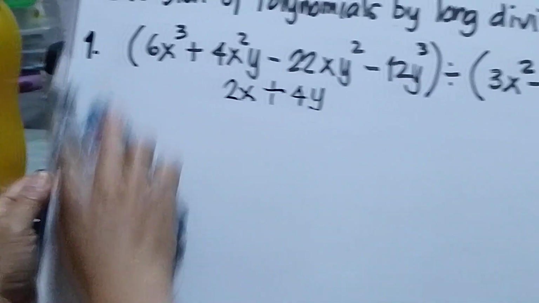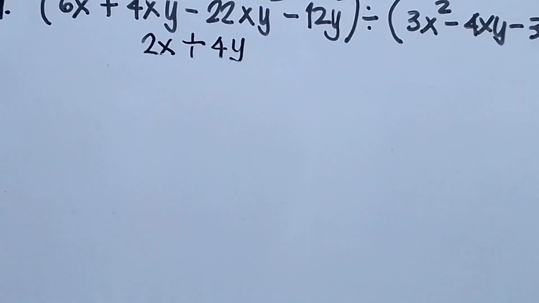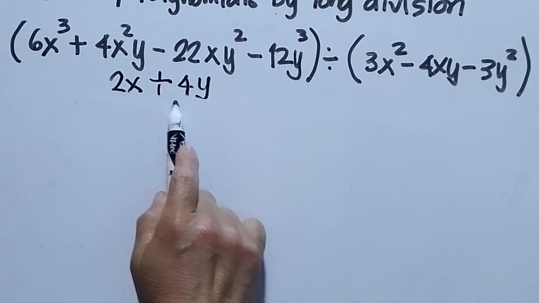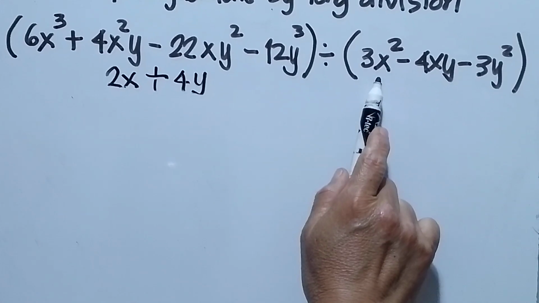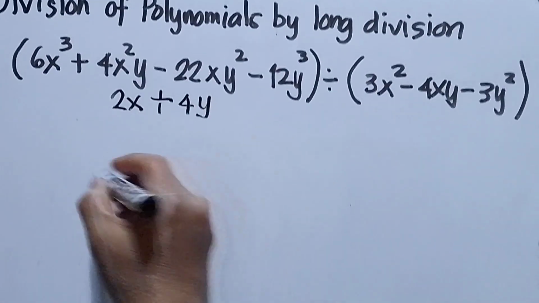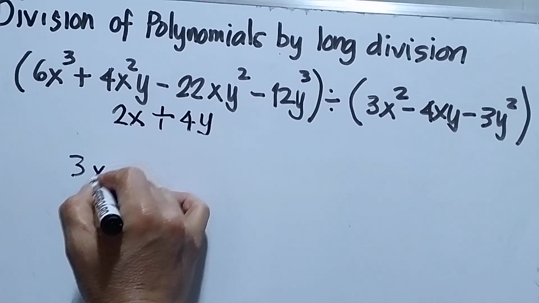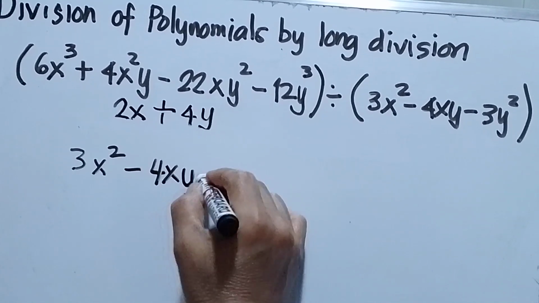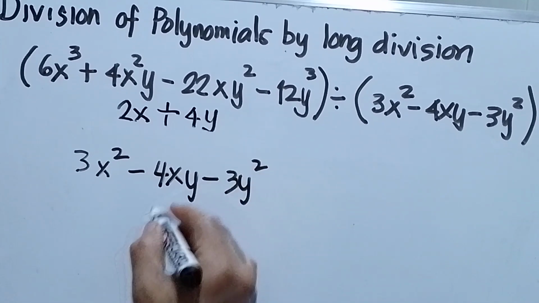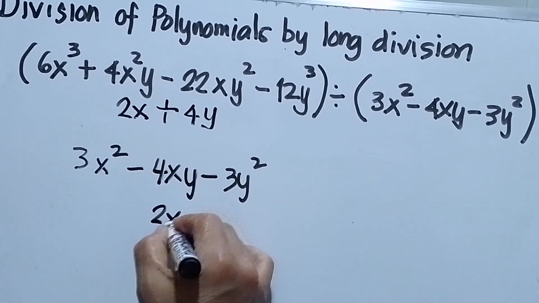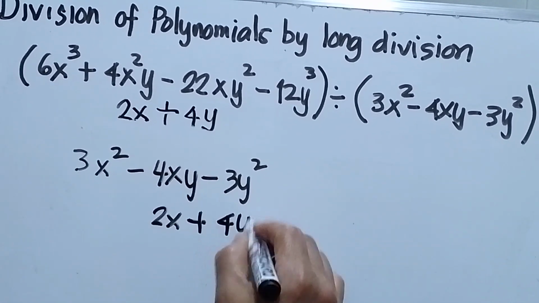Okay, we will check this one in order to arrive at the correct answer. We will check if the answer is correct. And we know that if we multiply 2x plus 4y to our divisor, it will come up with the dividend. So I need to copy the divisor, and then multiply to my quotient, which is the answer, 2x plus 4y.